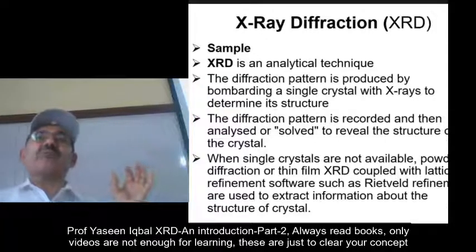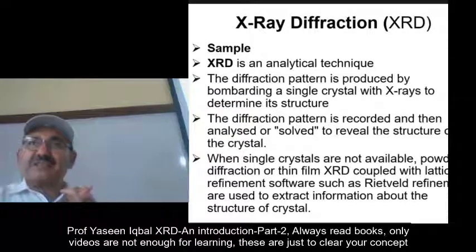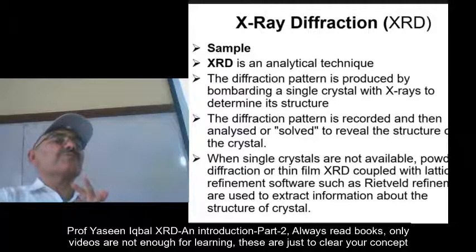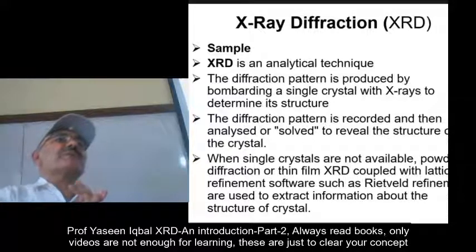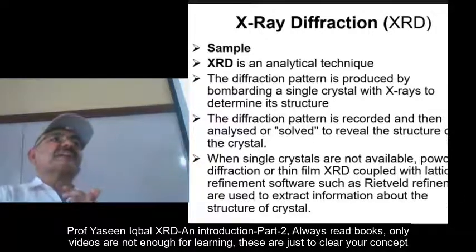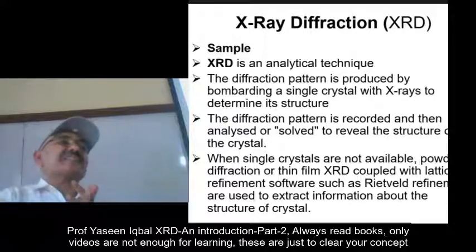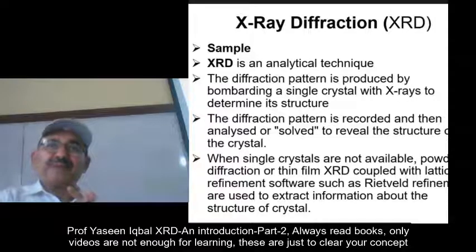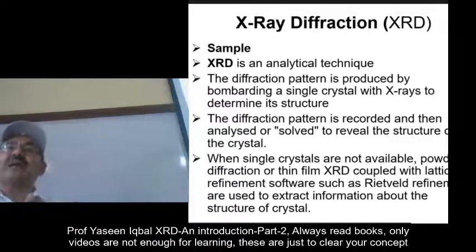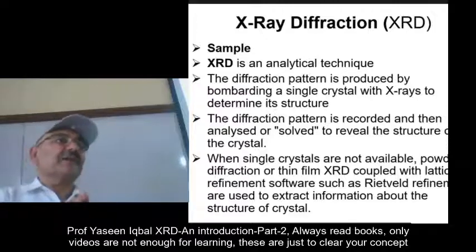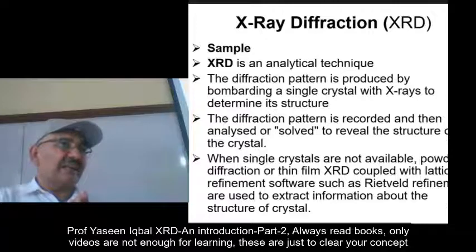These cards have 2 theta angles. These cards have the value of interplanar spacing, the d value. These cards have the HKL indices. These cards have a, b, c, alpha, beta, gamma, the lattice parameters of a crystal unit cell.